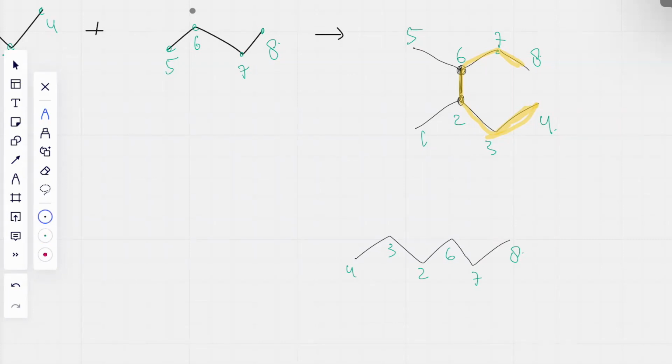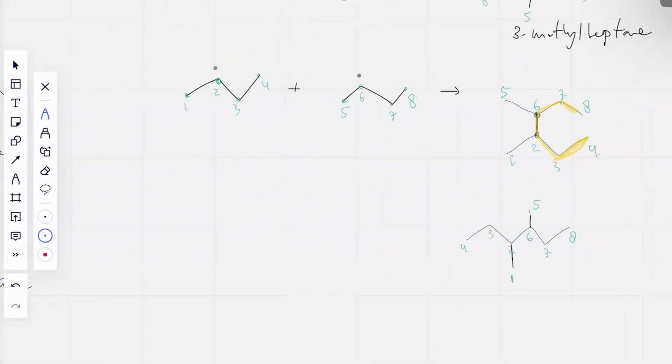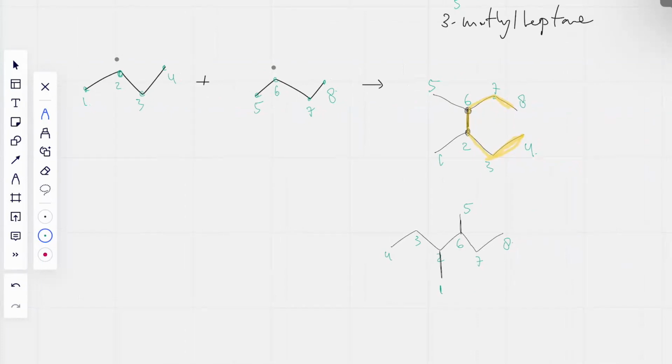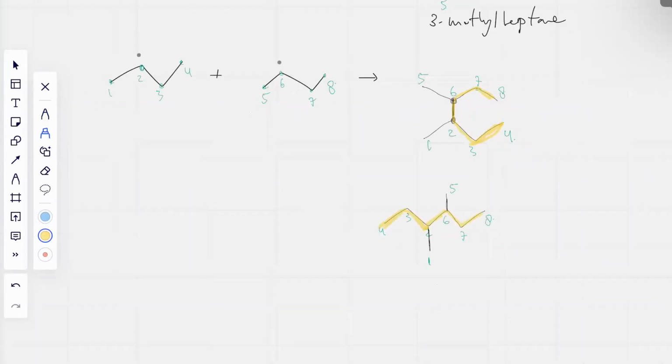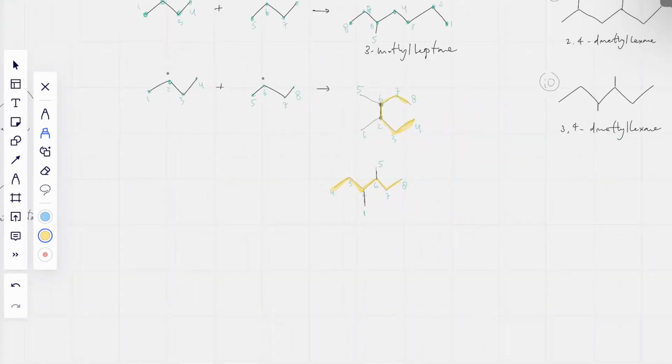Like that. Number 2 connects with 1, 6 with 5. Like this. So either way can, because this is still the same connection. 4, 3, 2, 6, 7. Okay.